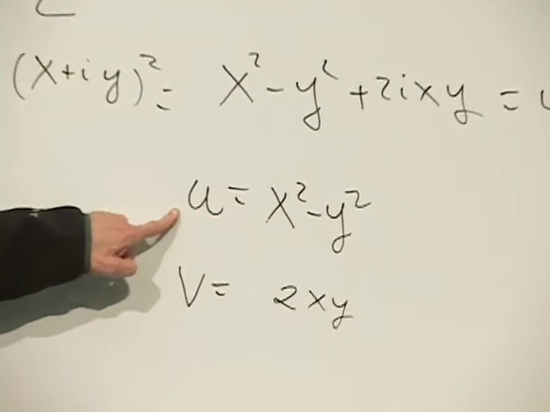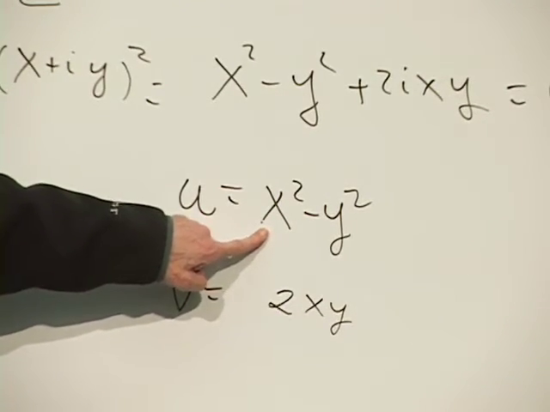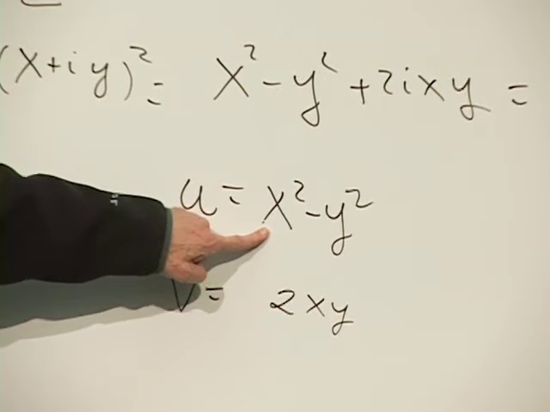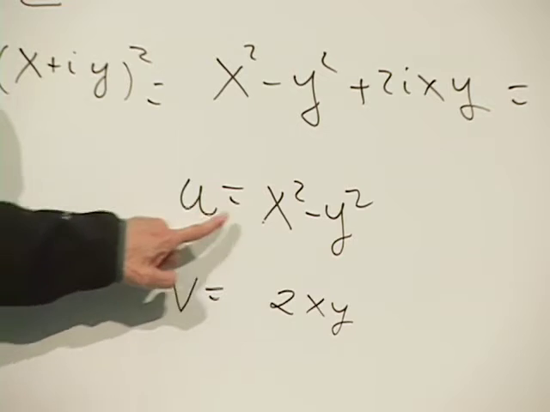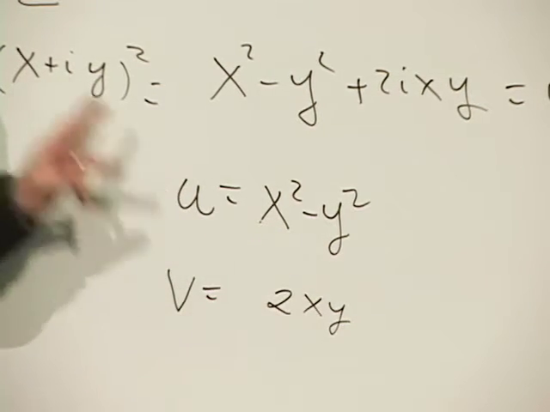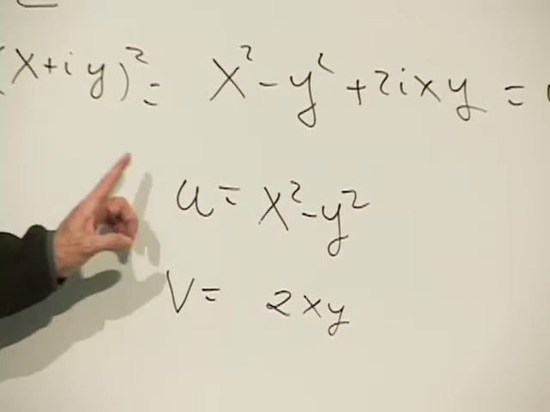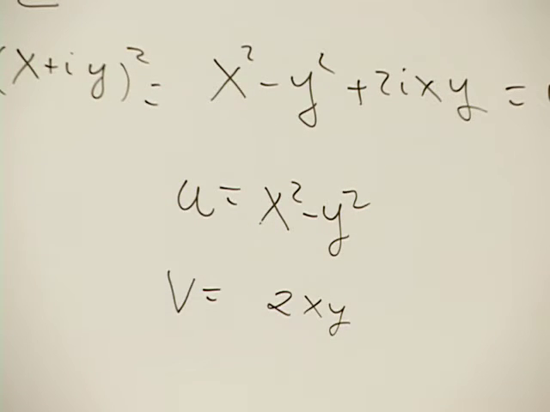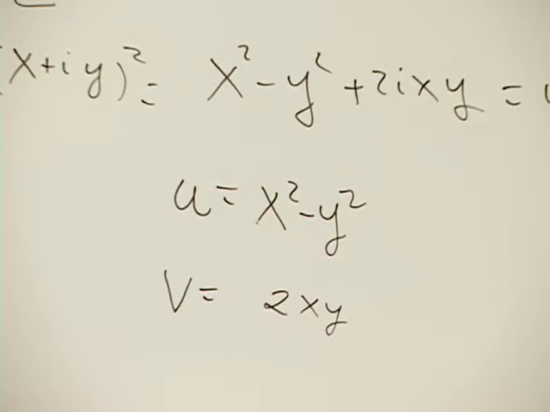The second derivative of u with respect to x squared is 2. The second derivative of u with respect to y squared is minus 2. So the second derivative with respect to x squared plus the second derivative with respect to y squared is 0.